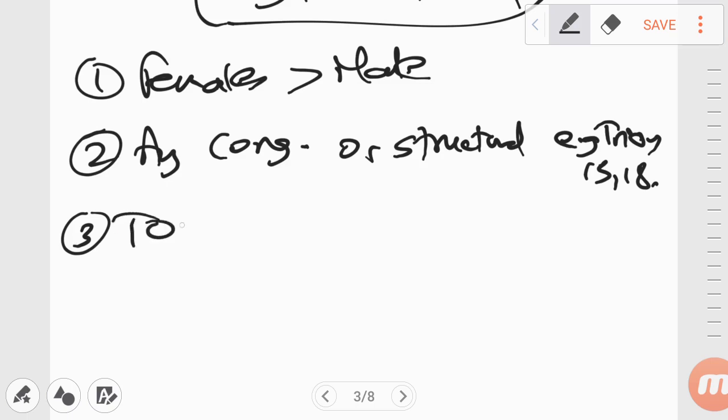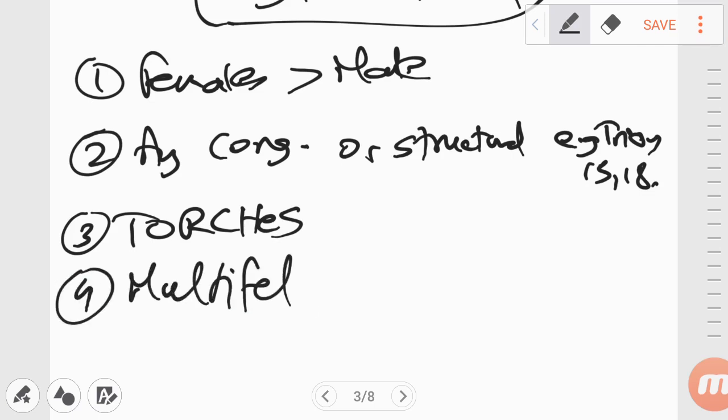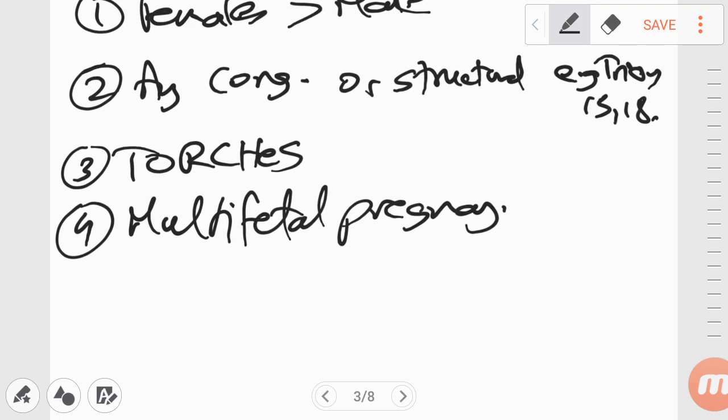Next, we have the TORCH infections. Any infection during the antenatal period can again result in IUGR. And let's say multifetal pregnancies. What that means is you have twins, you have triplets, and obviously both or all three of them will try to compete for the same blood supply, and this could result in less nutrition to one of them.